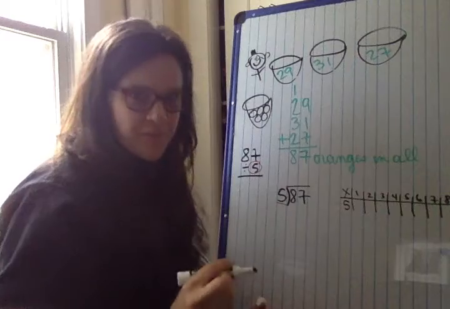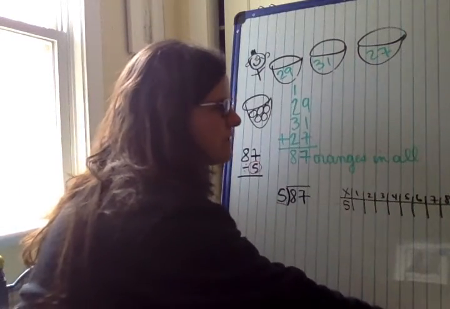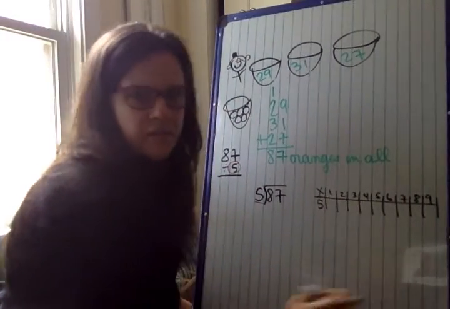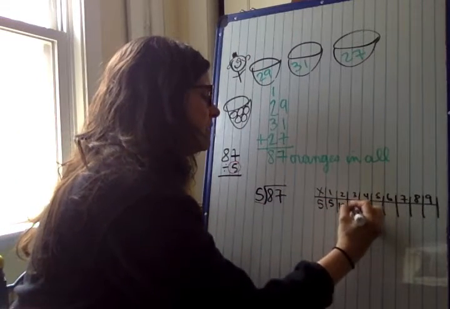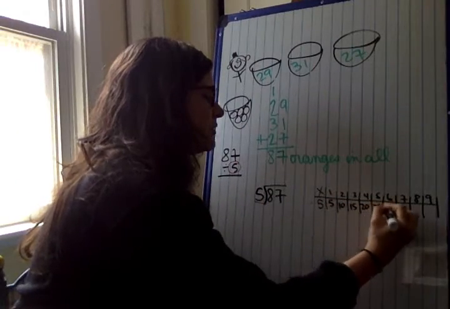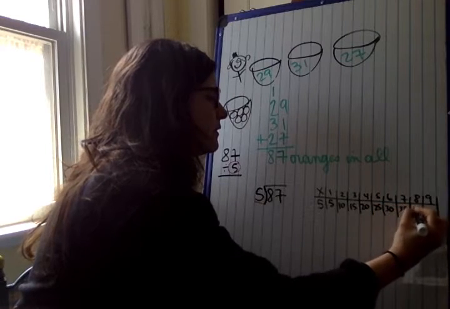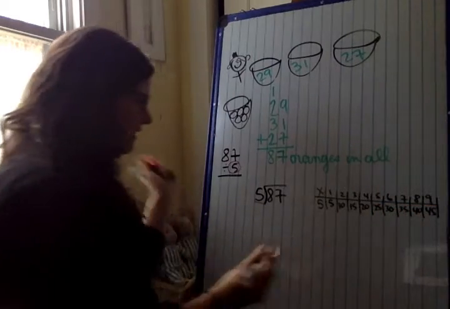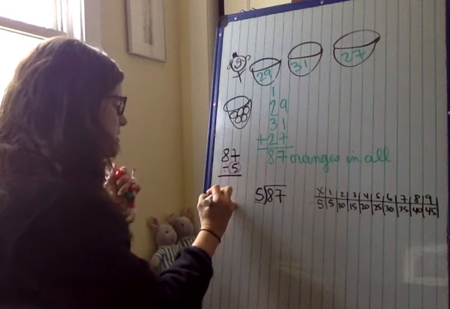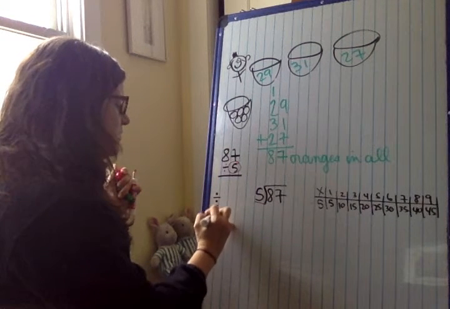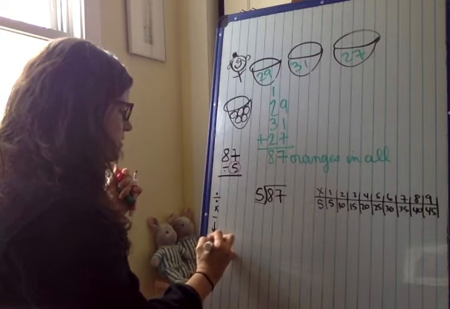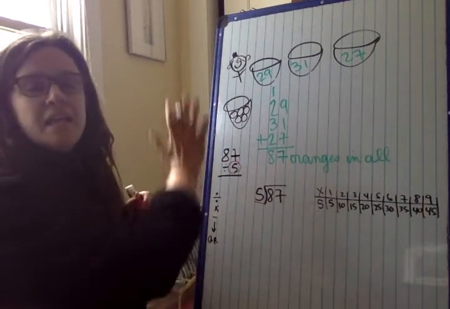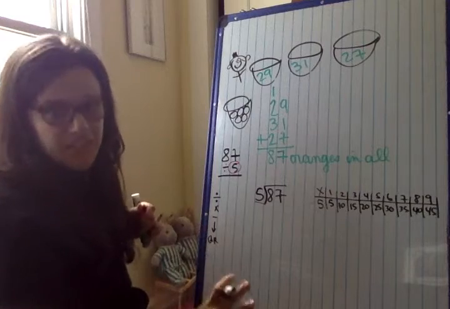So this is review. We've been doing this for the past week or so. 2 weeks, 3 weeks. Feels like forever. So anyway, we're going to build our multiples chart. And then last, I'm going to write out my steps. Divide, multiply, subtract, and bring it down. Repeat, or remainder.